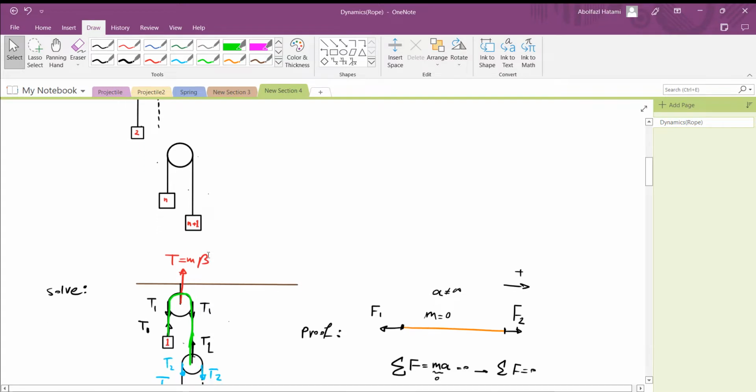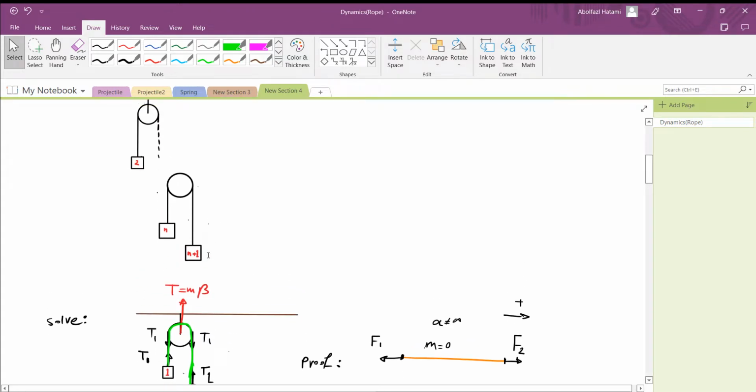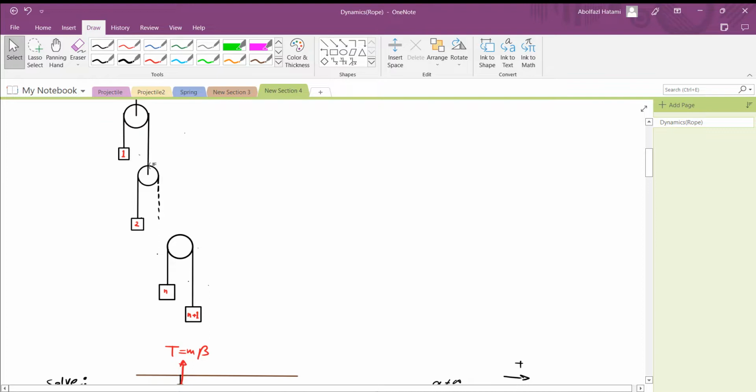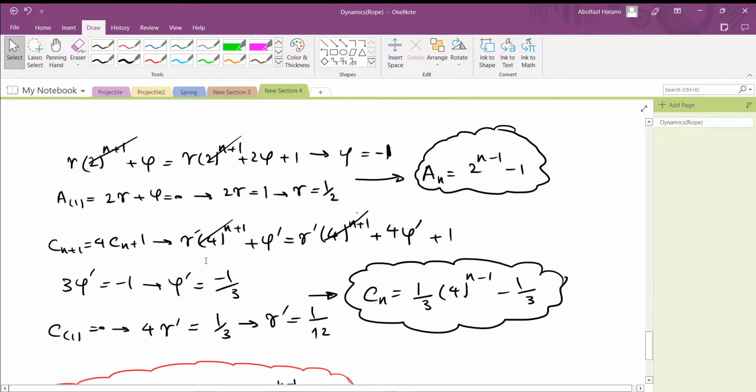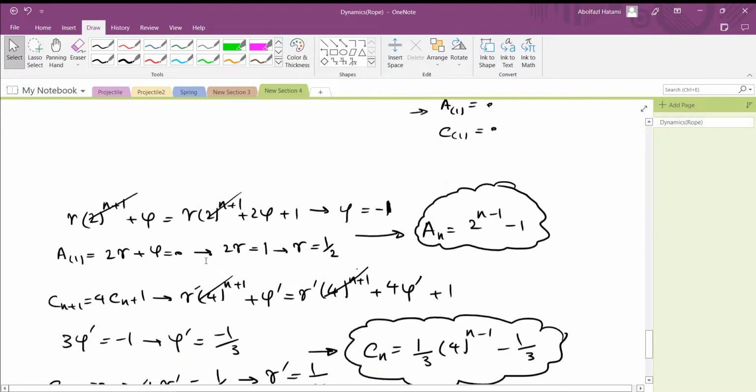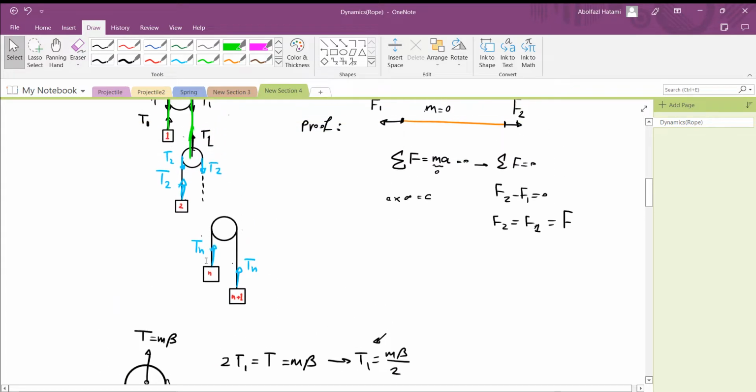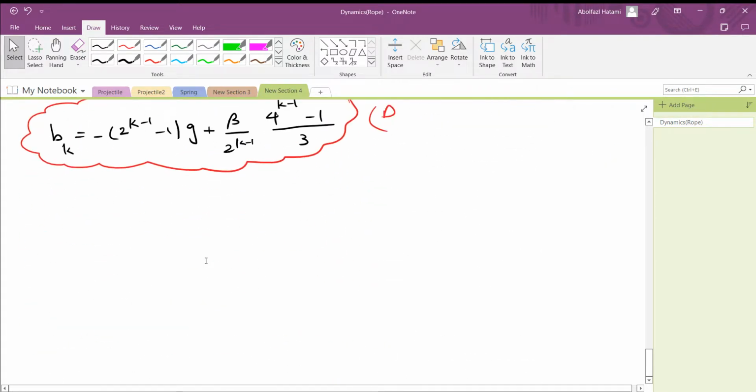In the other systems we had a pulley whose left side is attached to a block and the right side is attached to another pulley. But here both the left and right sides are attached to blocks. So the equation for the last system is different from the equation for the previous systems. What is the equation for this system?